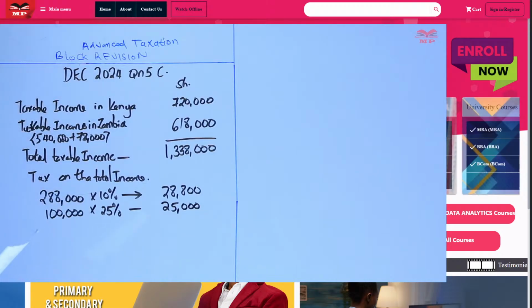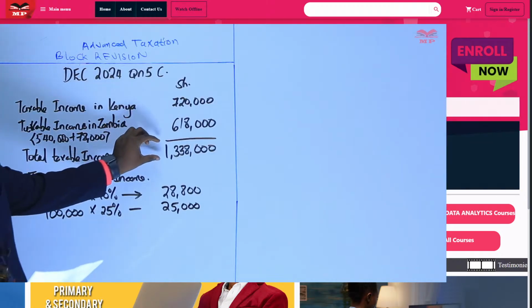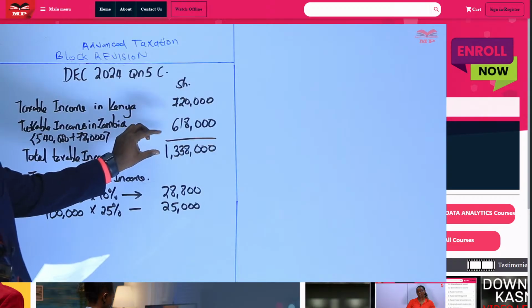So what is the total taxable income in question? The total taxable income in question is 1,338,000.